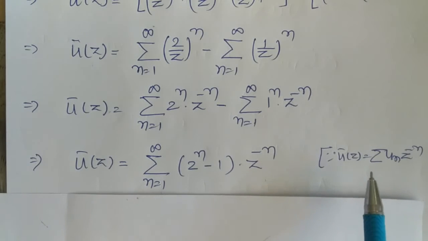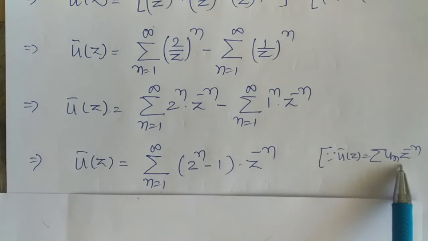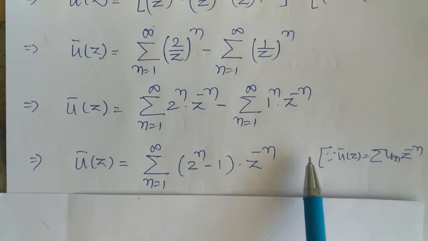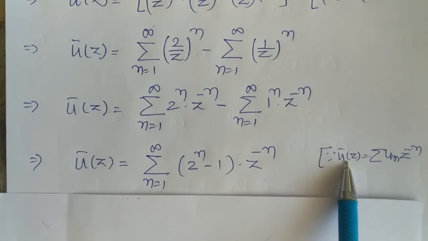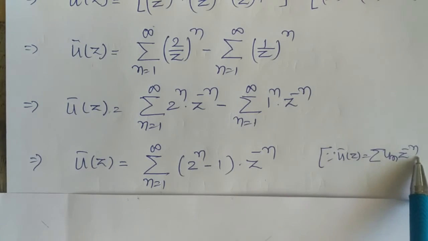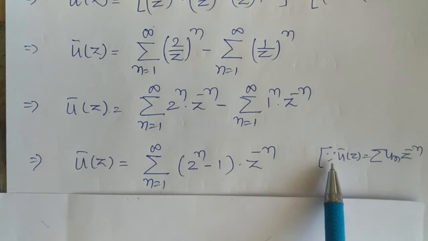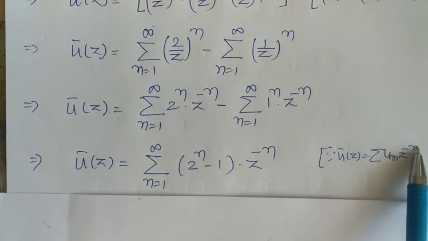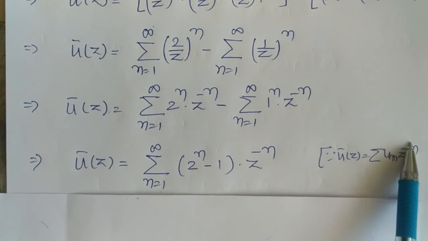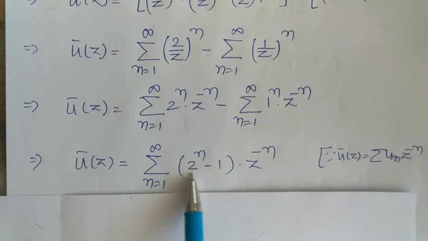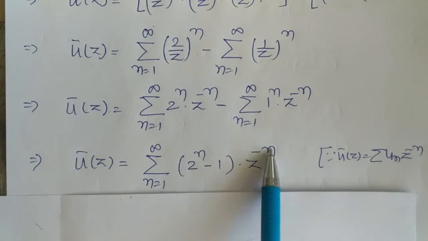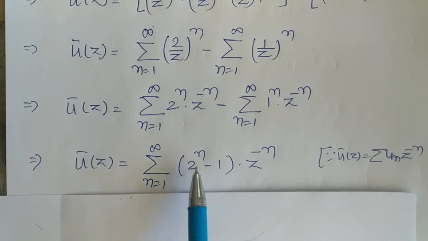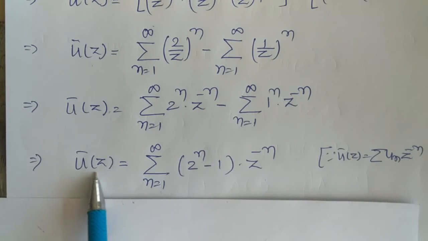Now as we know, u bar z is summation un z power minus n. Z transform of un is u bar z, which is summation un z power minus n. So the inverse z transform of u bar z is what? It is un, which is the coefficient of z power minus n. So here the coefficient of z power minus n is un, which is the required inverse z transform of u bar z.